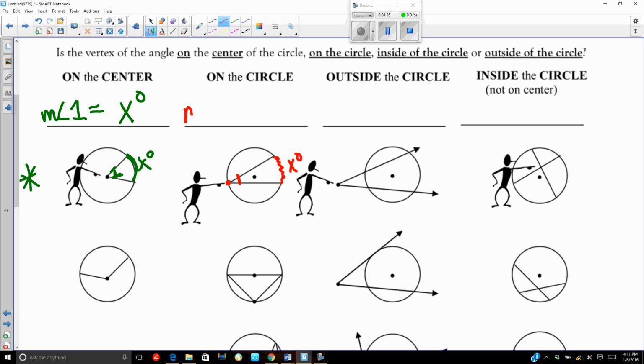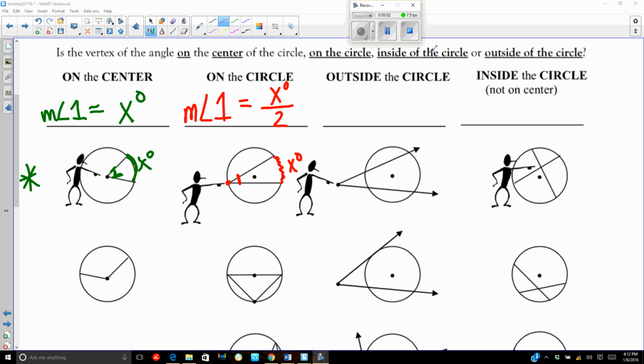And for an inscribed angle, we know the measure of angle 1 is equal to 1/2 x degrees. Or another way we could say it, x divided by 2. So the same thing as taking half of x is dividing it by 2. So on the center and on the circle, we already know those two. There's two new ones that you need to be familiar with.